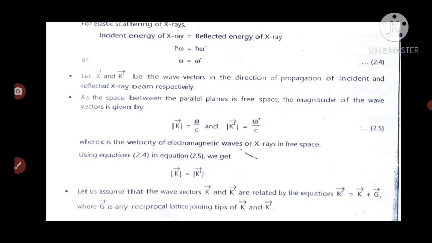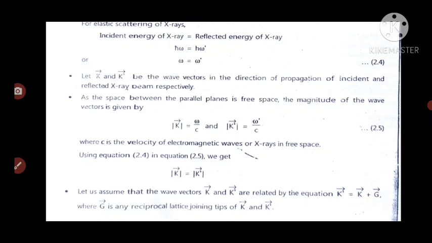Here c is the velocity of electromagnetic waves, or X-ray, in free space. Using this condition for the first and second equations, we get mod of k bar equal to mod of k bar prime.